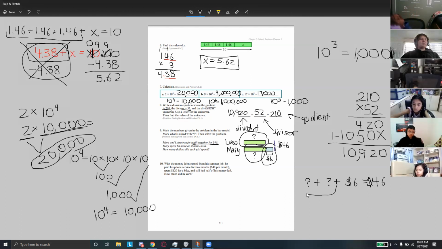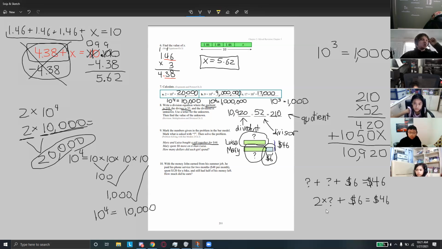If I have a question mark plus a question mark, I can simplify that, or another way to write that is 2 times question mark. It's kind of like if I have 5 plus 5 is 10. 5 plus 5 is the same as 2 times 5. So 2 times question mark plus $6 is equal to $46.